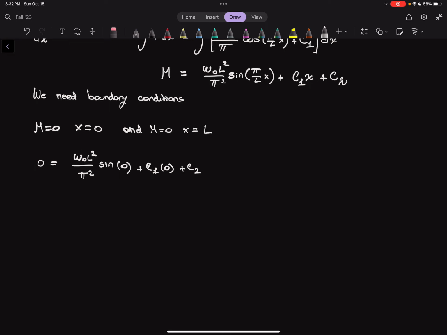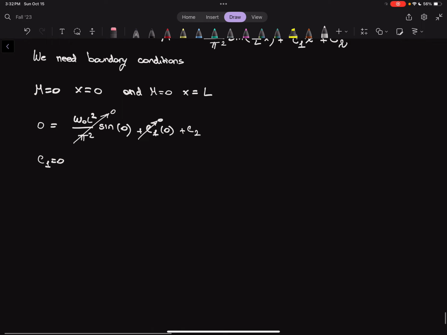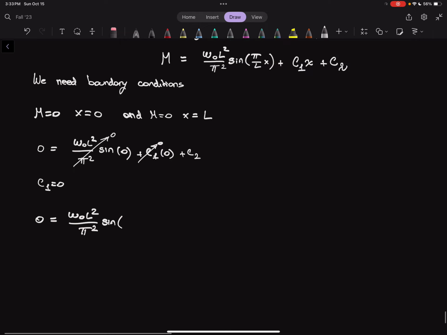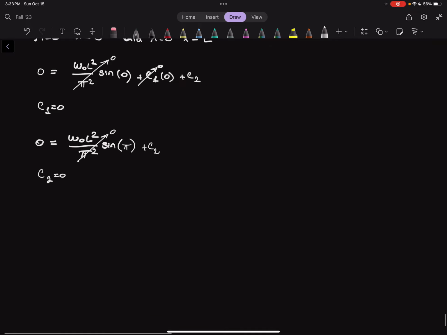Okay. Well, sine of 0 is 0. This is 0, so we know C1 equals 0. Now, the second one is 0 is equal to w naught times L squared over pi squared times the sine of pi plus C2. Sine of pi is 0, so C2 equals 0.